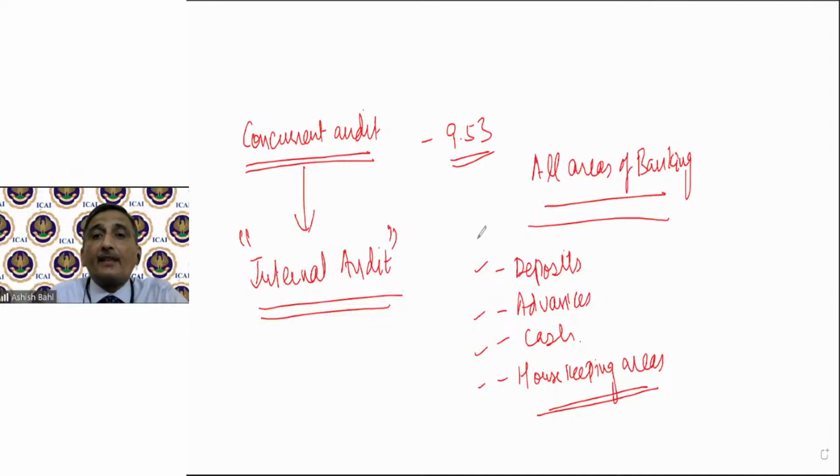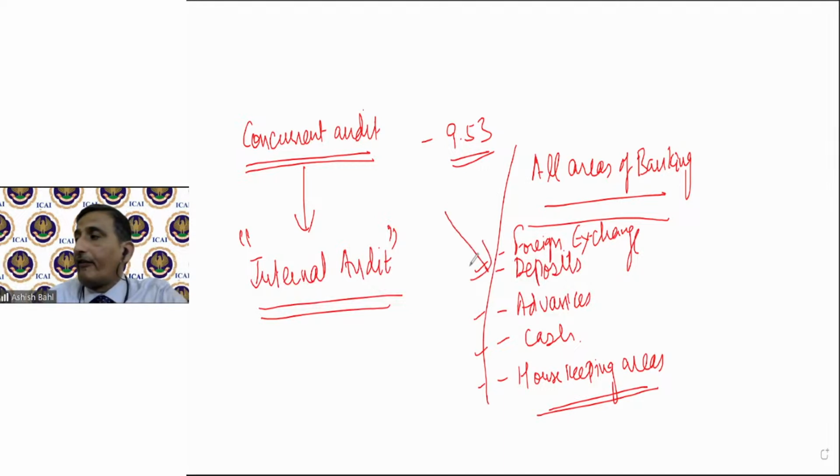Like foreign exchange, if a branch is dealing in foreign exchange. So virtually all areas of working of a branch fall in the domain of concurrent audit. Clear? Yes, students.